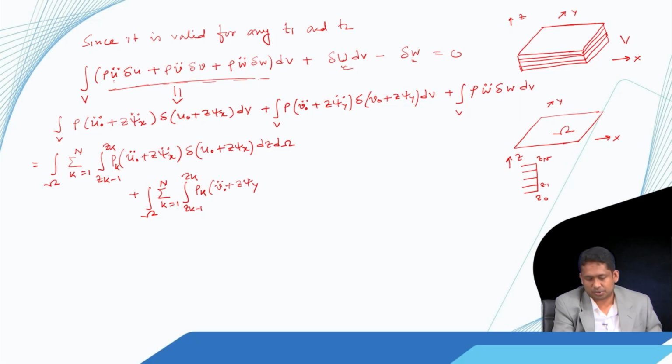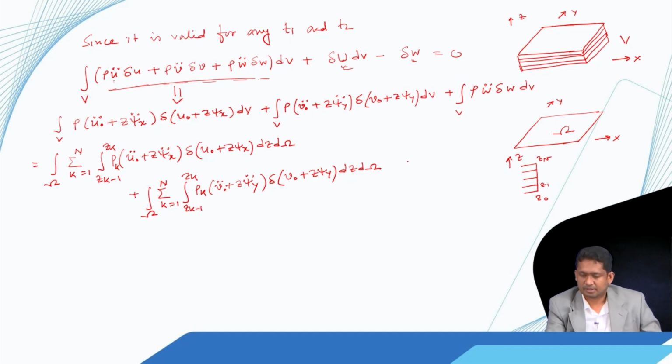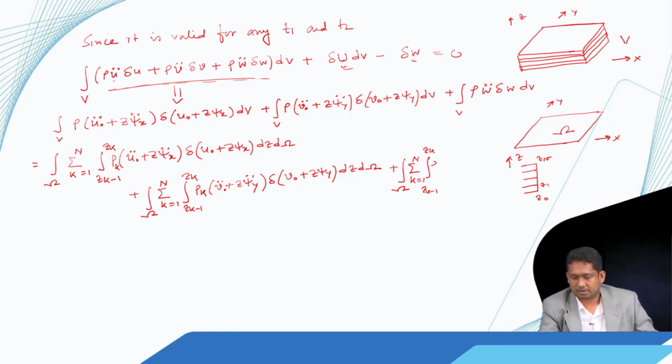Then we have z into psi y double dot, and then the variation of v0 plus z into psi y, integral over z, integral over omega. We can write the last term also in the same way, k equal to 1 to n, zk minus 1 to zk, rho k, and then w double dot, variation of w, dz d omega.